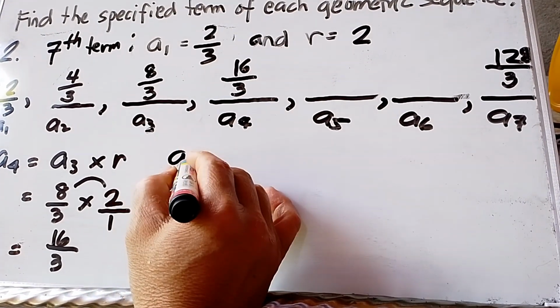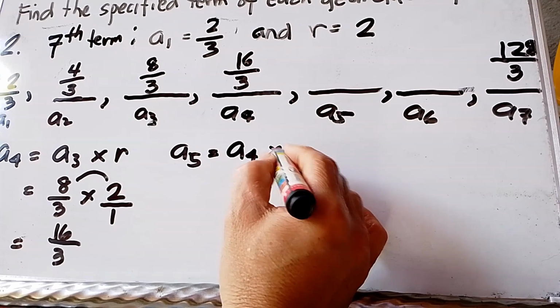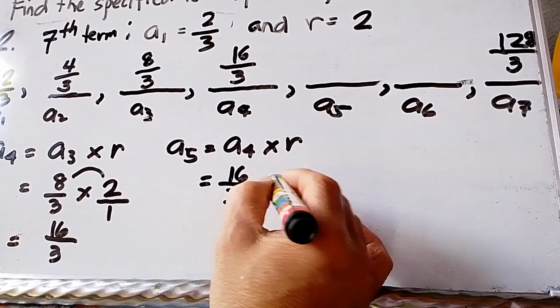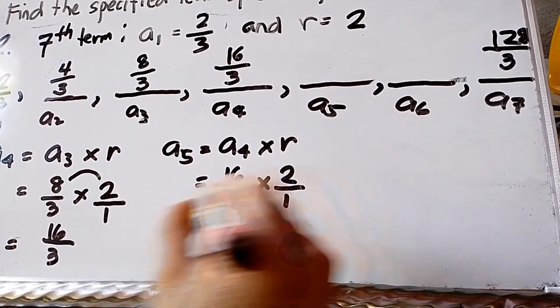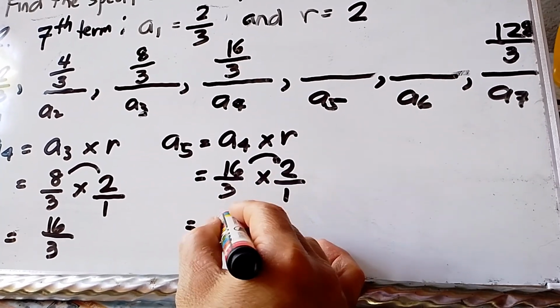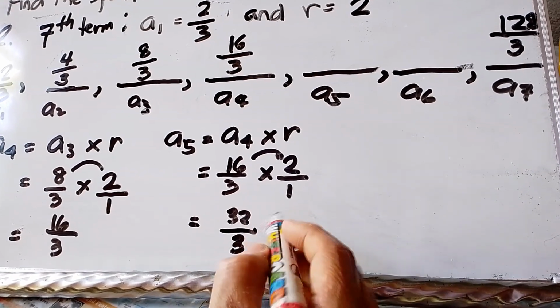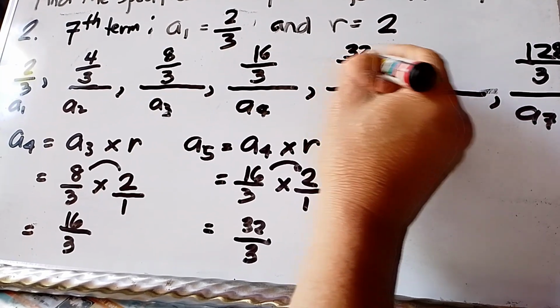Now solving for A5. A5 is A4 times R. So A4 is 16 over 3 times 2. Then I need to put 1 in the denominator. 16 times 2 is 32. And then 3 times 1 is 3. So for my A5, this is 32 over 3.